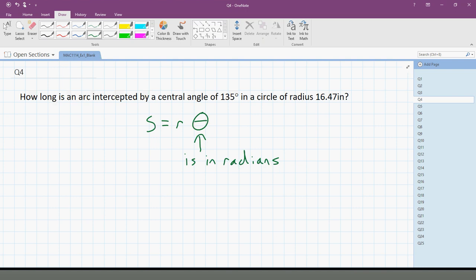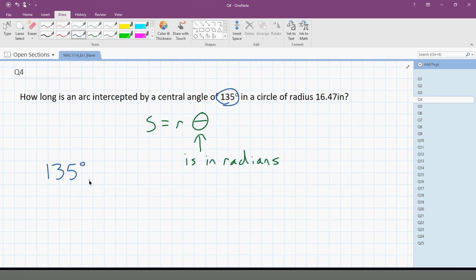If it is not given to you in radians, then you need to convert it, which for us, it is not given in radians. So how do I convert 135 degrees to radians? So, and that's no worries if you've forgotten. Take that same fraction we just talked about a second ago and flip it.